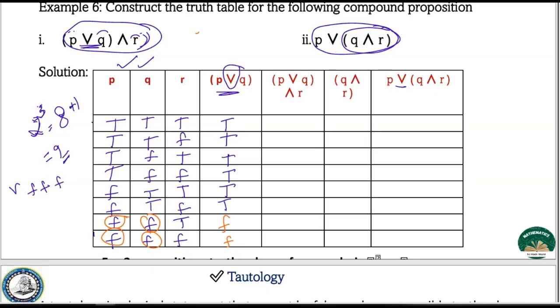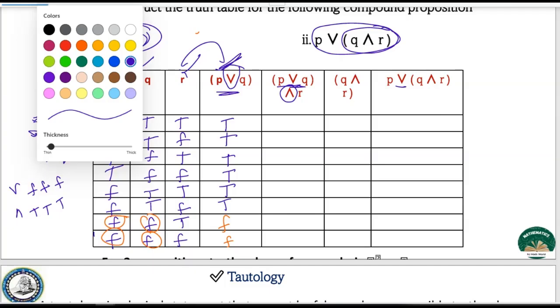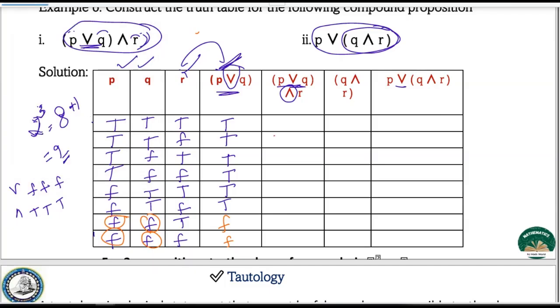Then we'll check for the next one. It is (P or Q) and R, so we'll be checking the fourth column and R. What is the condition for AND? It is T and T, which is T. For the third and fourth columns, we will be checking this condition, T and T. Do we have T and T in these two?